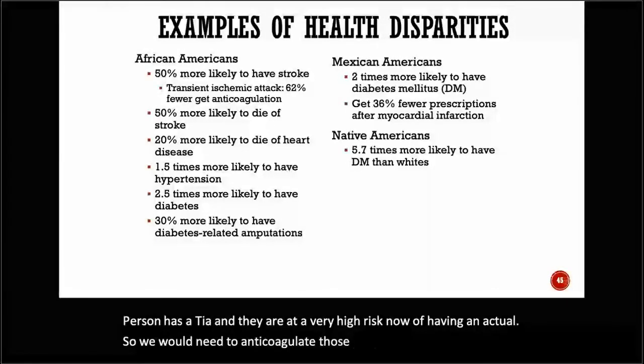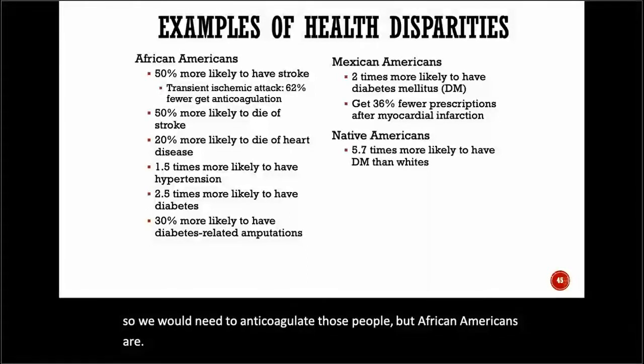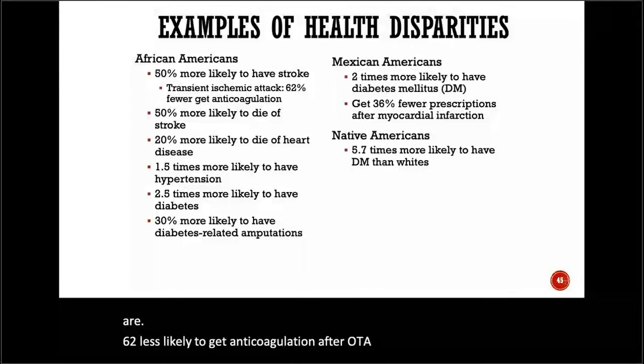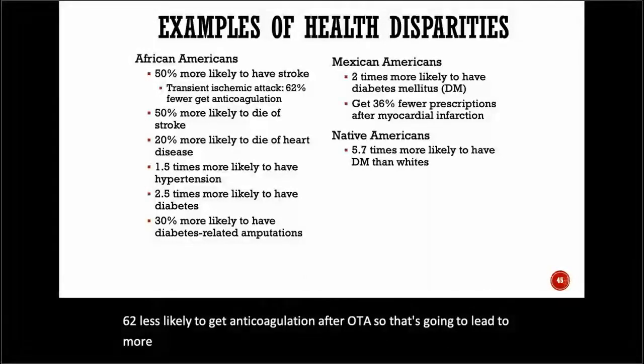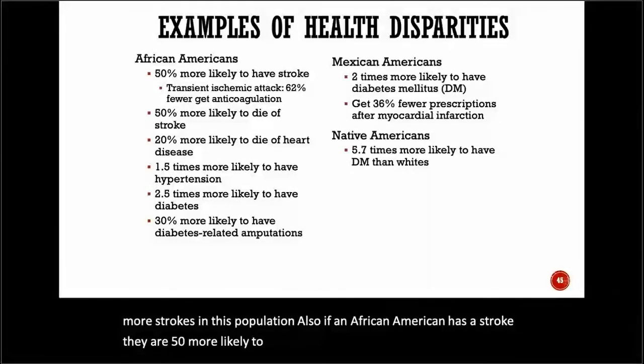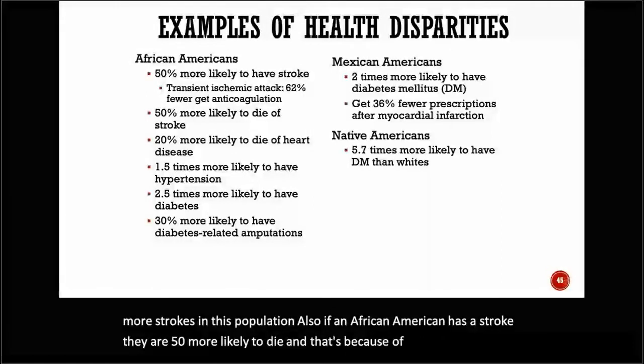But African Americans are 62% less likely to get anticoagulation after a TIA. So that's going to lead to more strokes in this population. Also, if an African American has a stroke, they are 50% more likely to die, and that's mainly because of access to quality care.